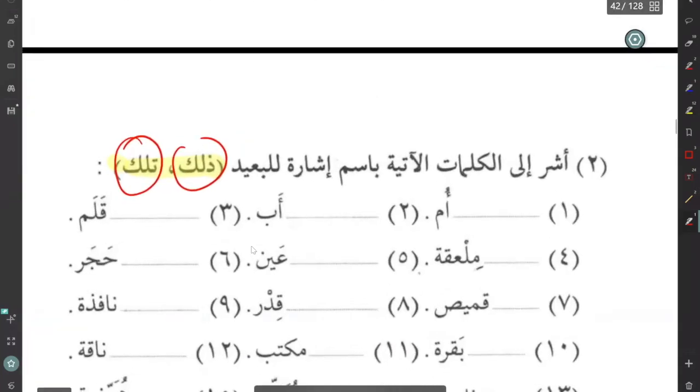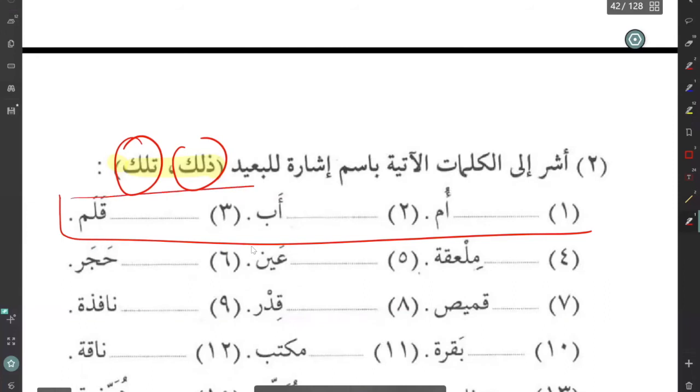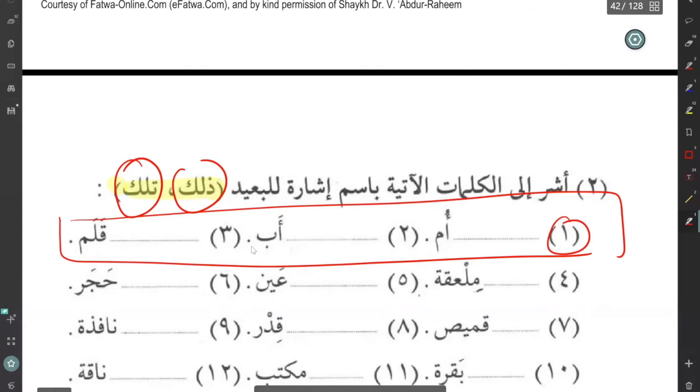I'm not going to spend too much time. Maybe let's do this row together. What is number one? Come on, extremely simple. Just should be able to write quickly. We have... So which one do you use? Tilka or dhalika? Yes.